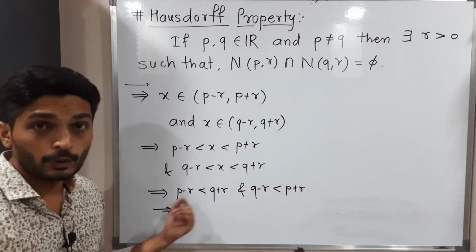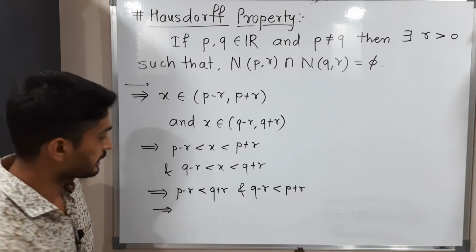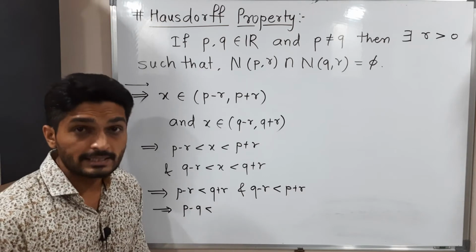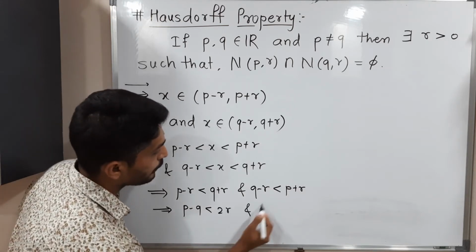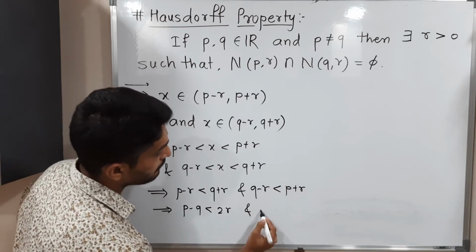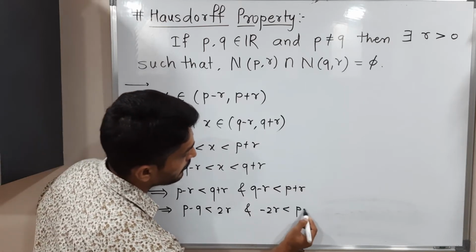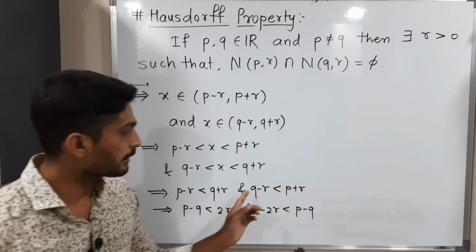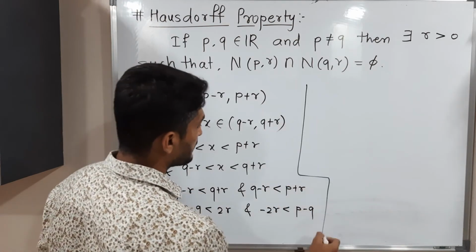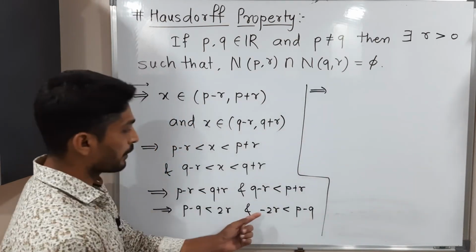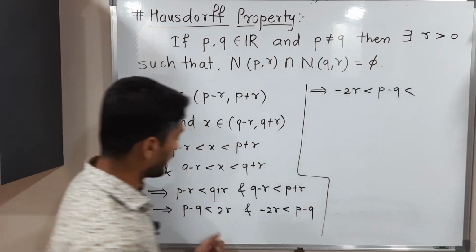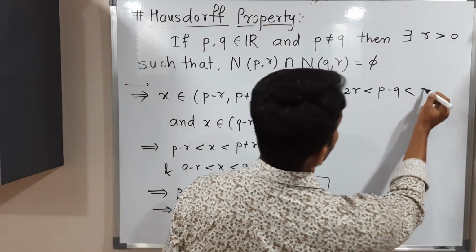I will take q on this side, I will shift minus r on that side. So p minus q, if you shift r on that side, it will have a plus sign, so r plus r, 2r. And here I am shifting q on that side, taking r on this side, so minus r and minus r, that means minus 2r less than p minus q. Let us combine this. What we have: minus 2r less than p minus q less than 2r.